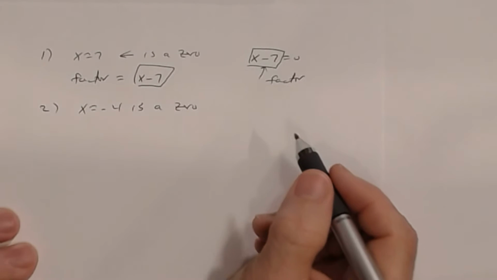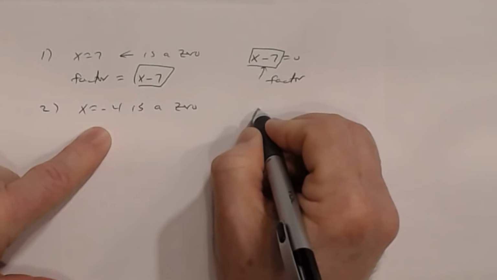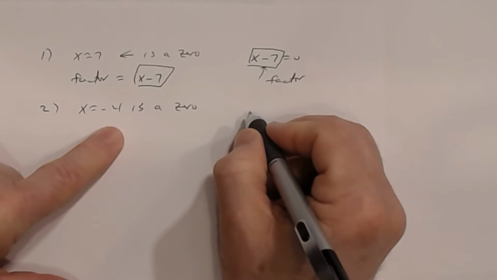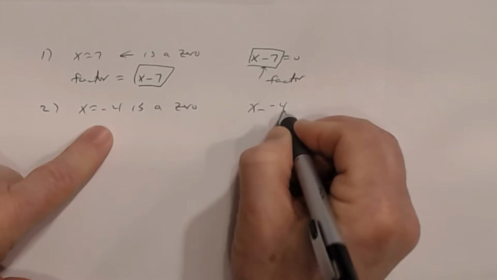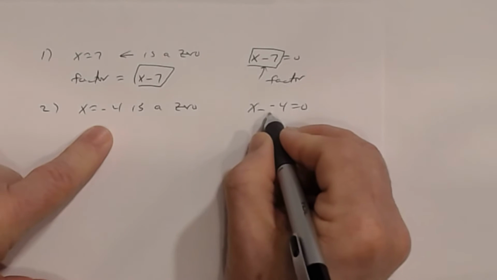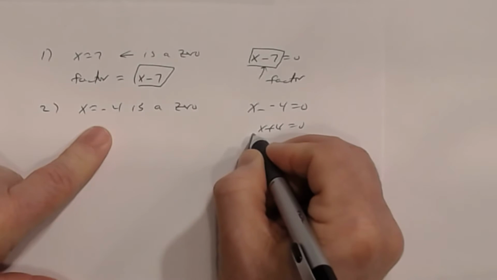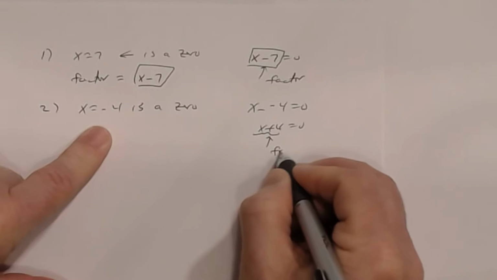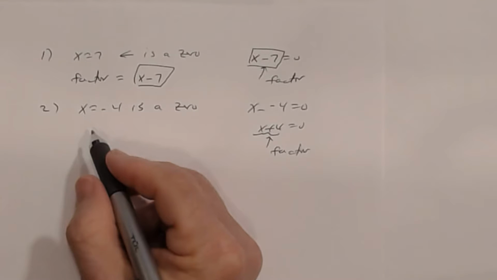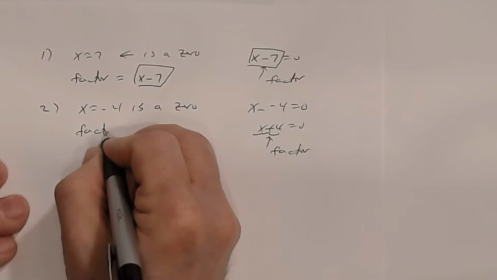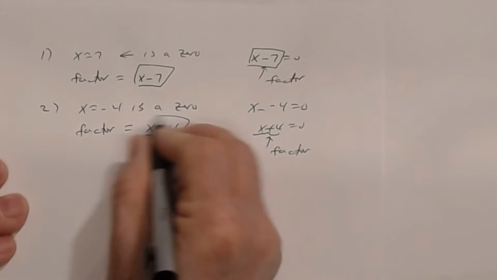If negative 4 is a zero, then the equation you would get before solving would be x minus a negative 4, which you have to rewrite: x minus negative 4 is x plus 4 equals 0. So this part here is your factor. If negative 4 is a zero, then a factor of your function must be x plus 4.